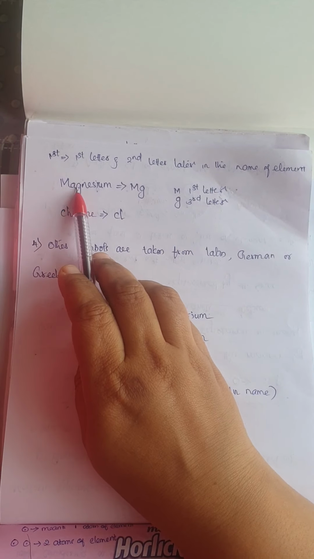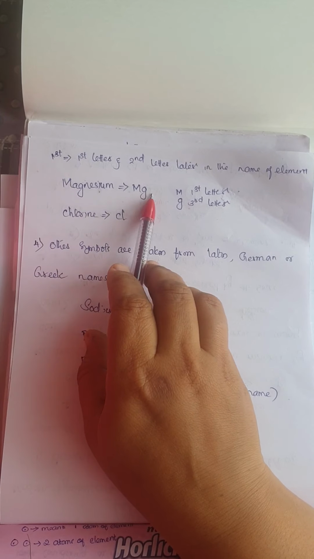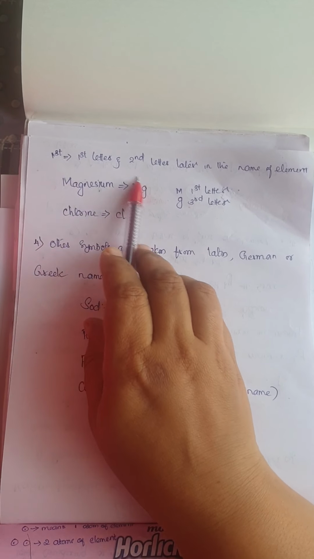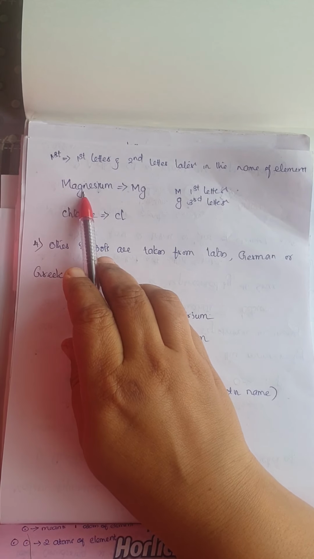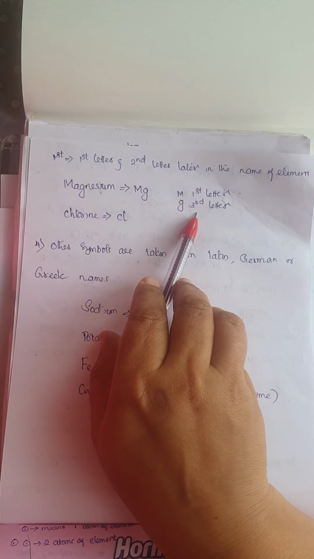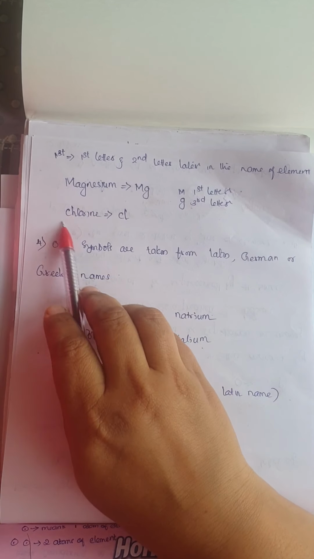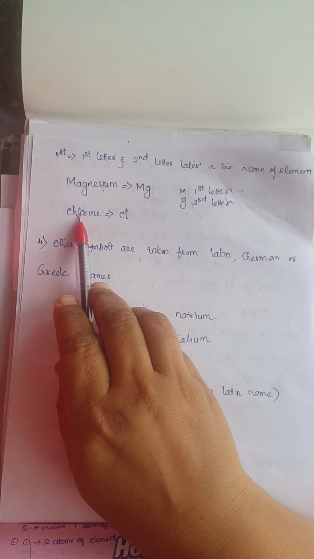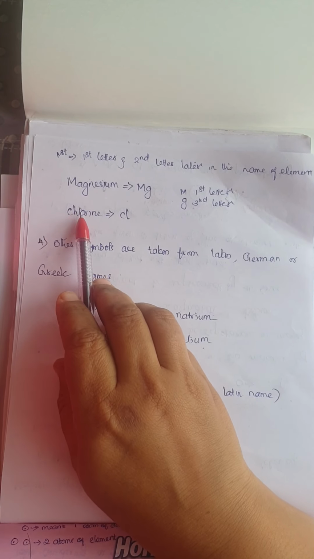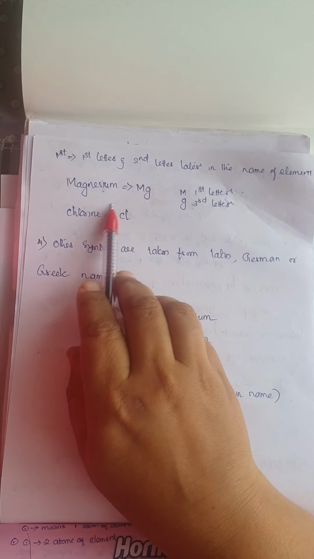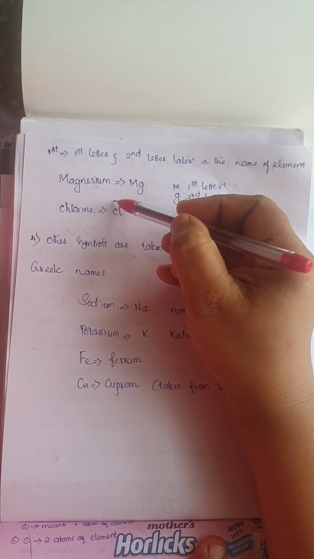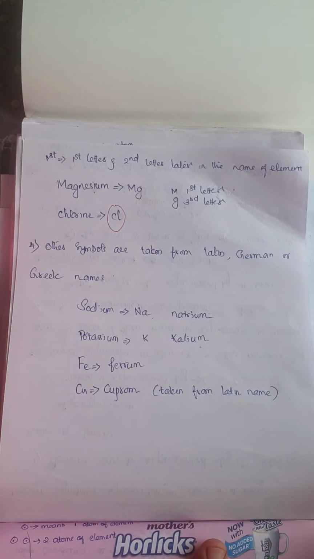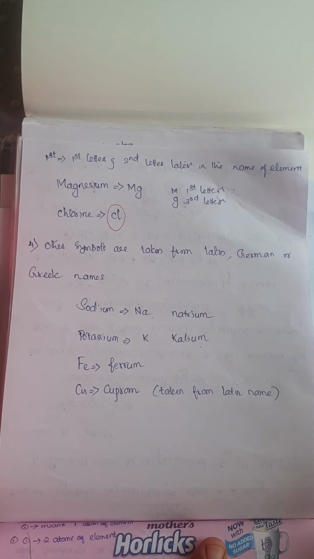Later means any letter. Here G. The symbol of magnesium is Mg. In the case of chlorine also, the first letter is C and the second letter is L. The symbol of chlorine is Cl. Okay, got it, children? Yes.